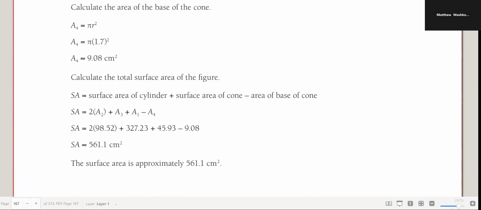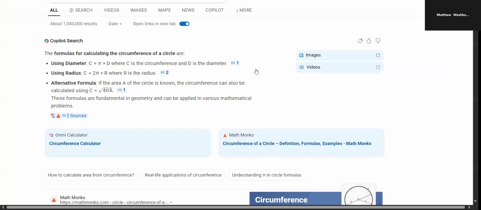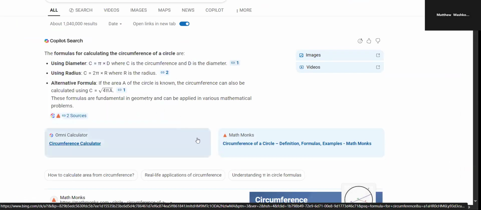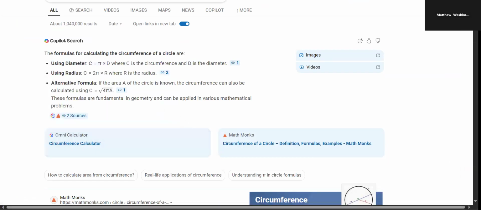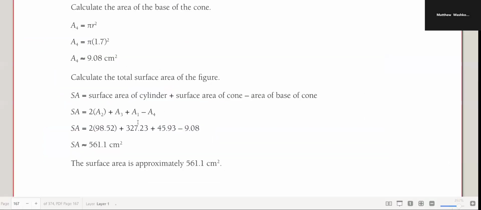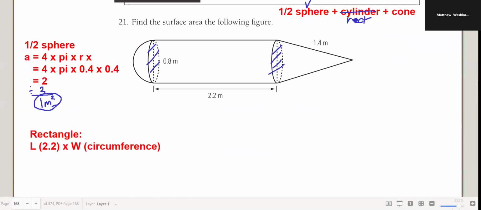Give you an example here. So what's the formula for circumference? Oh, C equals pi times diameter, or pi times 2 times the radius, right? What am I getting here? I'm given the diameter.